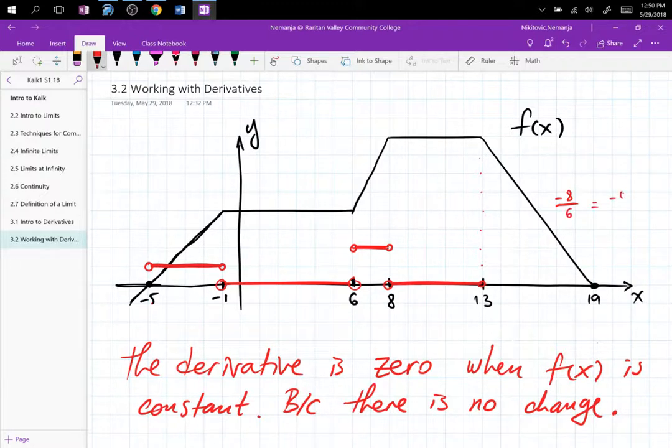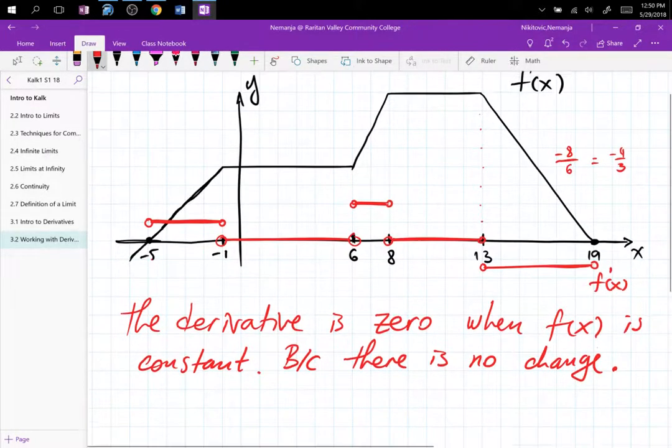So that's -4/3. -4/3 would be here. And that's the slope, -4/3. So the red line is f prime of x, it's the derivative.